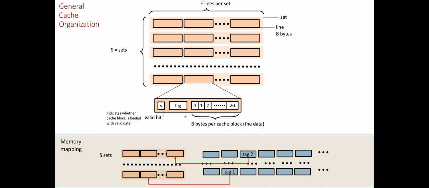Now, when we go ahead and compute the size of the cache, we just use these B bytes. We don't worry about whatever little space was needed for the tag or the valid bit at this point. So remember that going forward as you're doing some of these computations. We won't worry about the valid bit or the tag in the cache size. We only will use the B bytes and the number of lines and the number of sets.